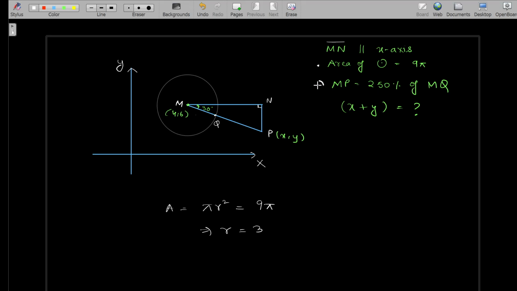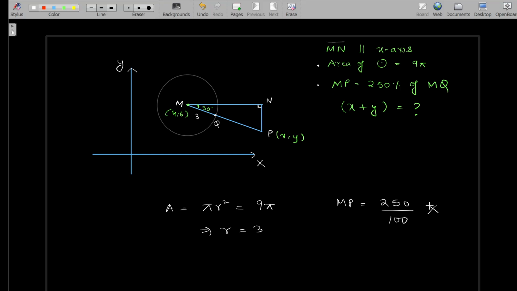Then r is equal to 3, that means the radius of the circle is 3. So that means MQ is 3, right? Now it says that MP is equal to 250% of MQ. So I can say that MP is equal to 250 over 100 of MQ.